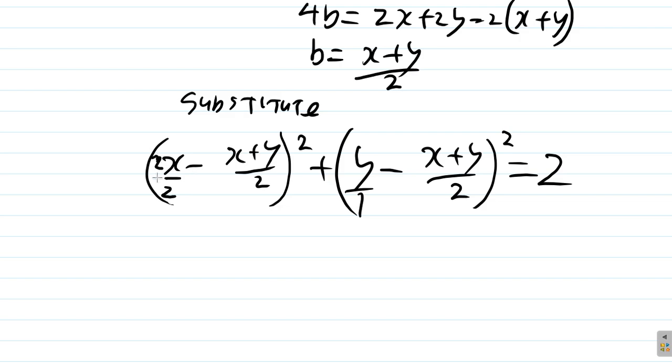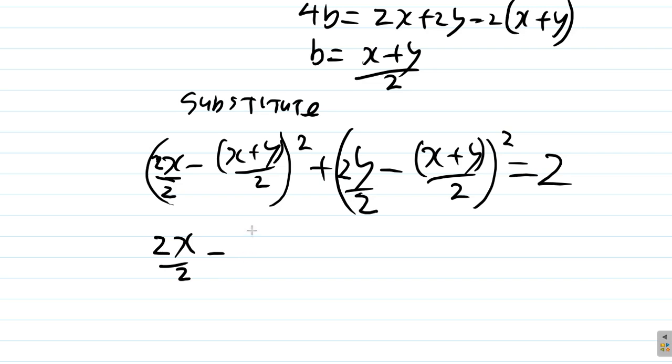So it's 2x over 2. And then same thing here. We multiply the bottom by 2, 2 ones are 2. We multiply the top by 2 to get 2y. Put these in brackets because you don't want to make any mistakes here.